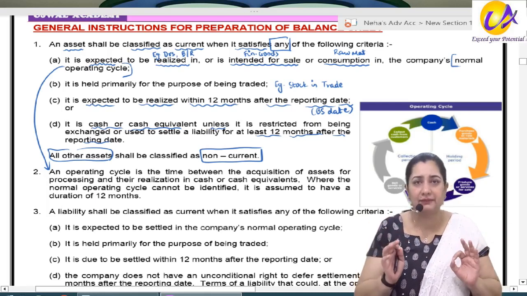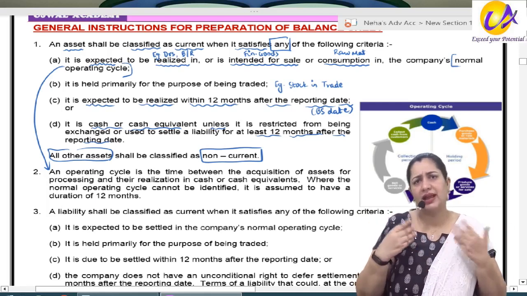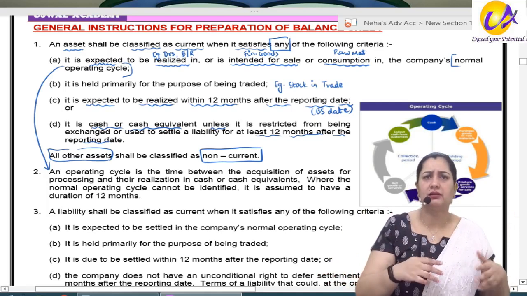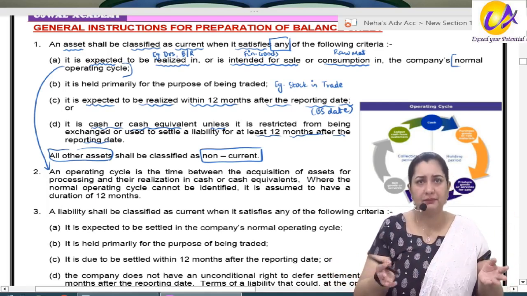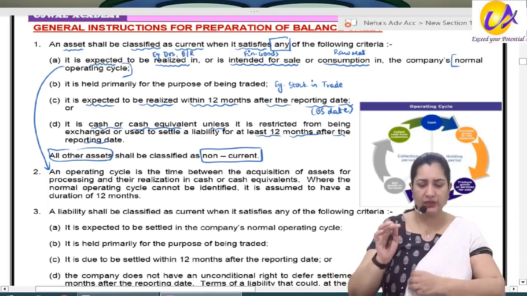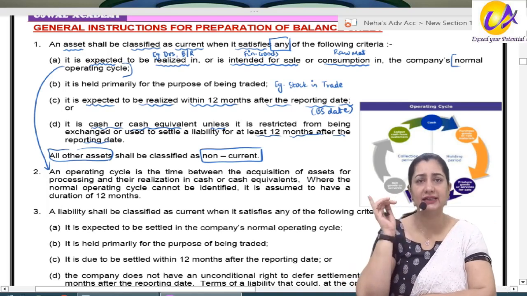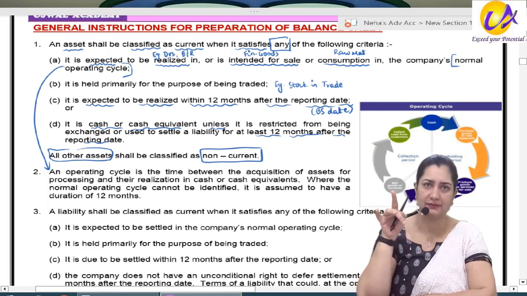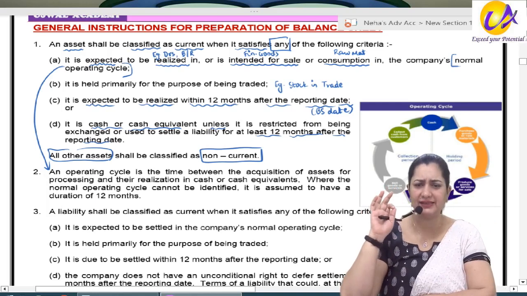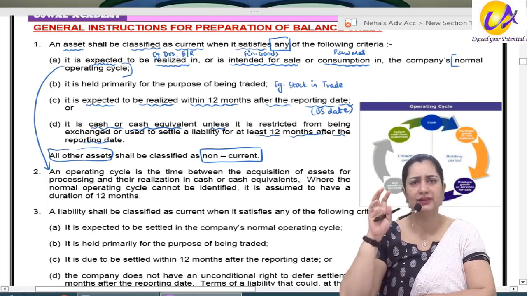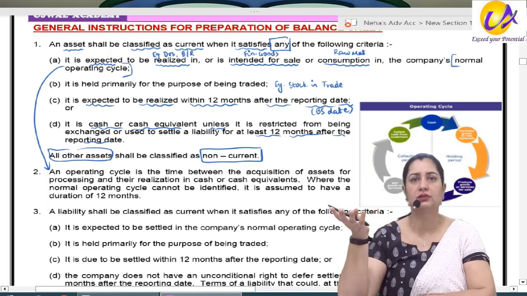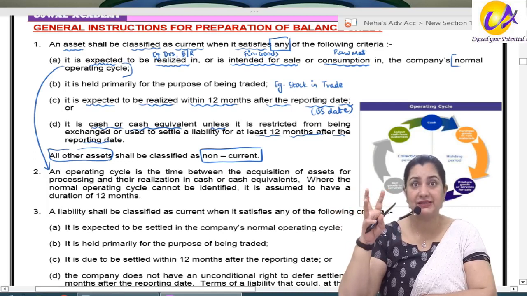Exactly, we cannot say, because anything can happen, bad debts can happen, a loss can happen, we don't know. But at least the expectation. So within 12 months of the year end, if there is anything receivable, we call it a current asset. So don't bother, it is very easy. I had told you, if there is something like debtors or bills receivable, then you always see the operating cycle or 12 months. It becomes easier to understand.